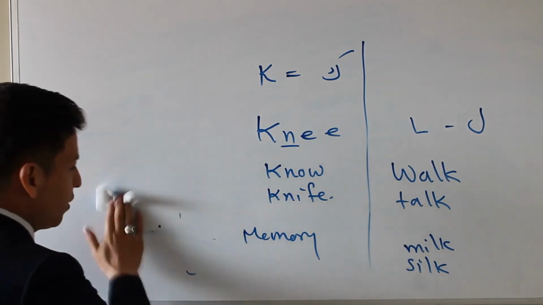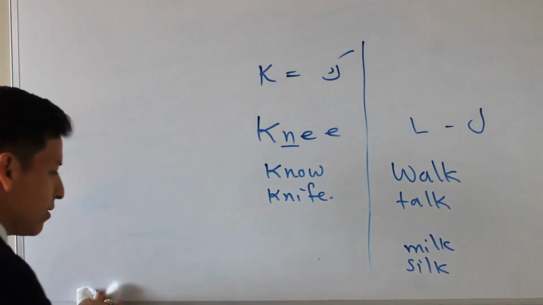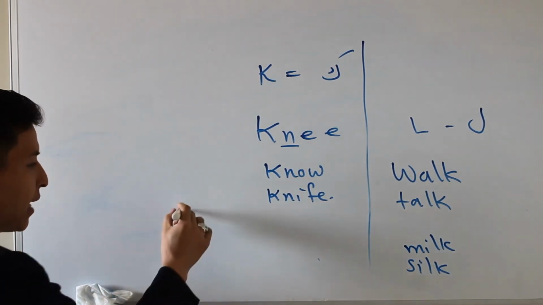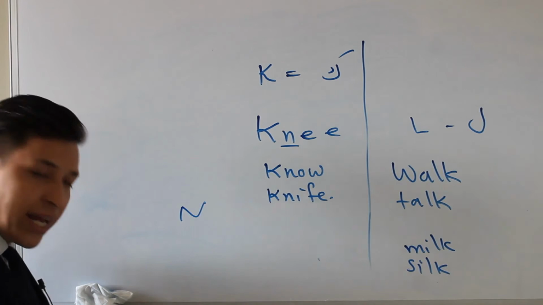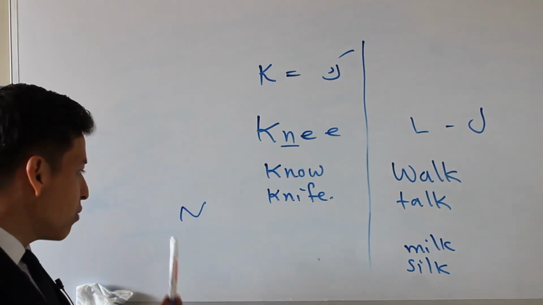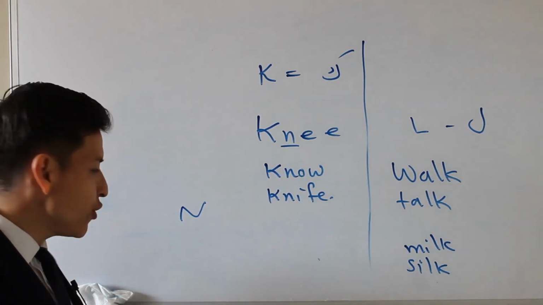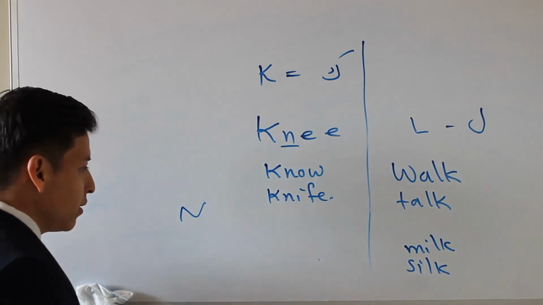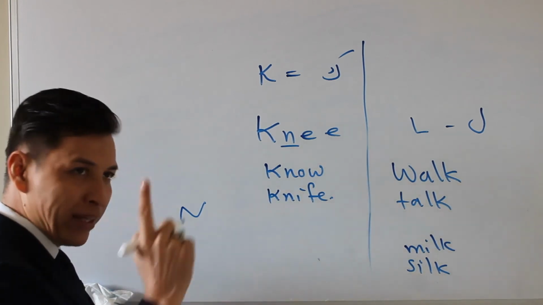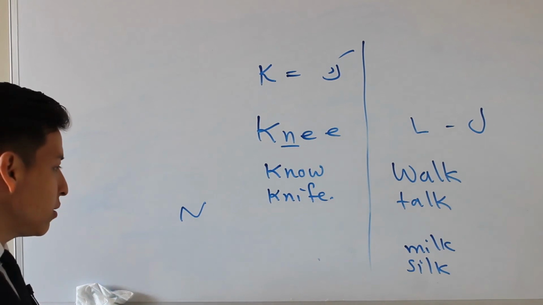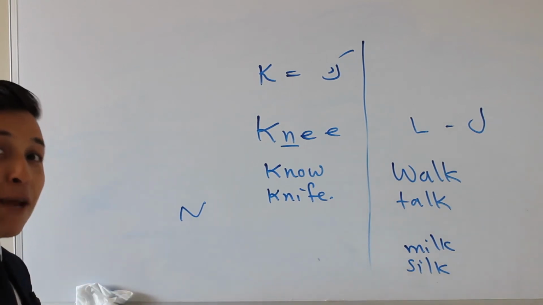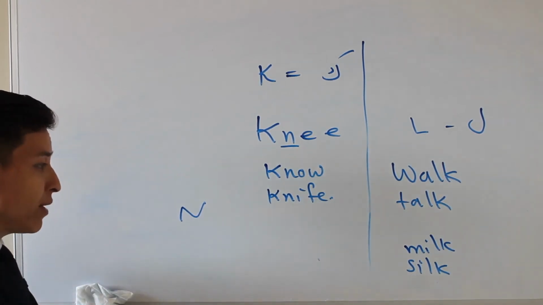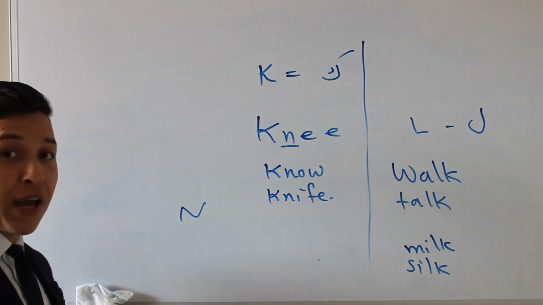Another letter, a friend of M, is N. Letter N represents the sound N in English, and it has one place where we do not pronounce it. That is after M. If we use N after M, we do not pronounce it.